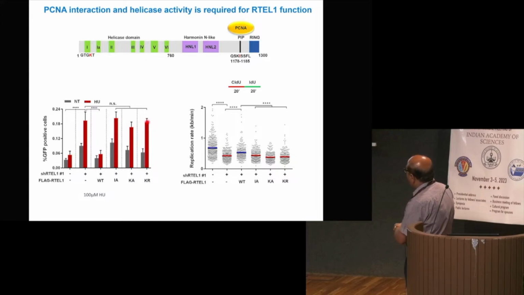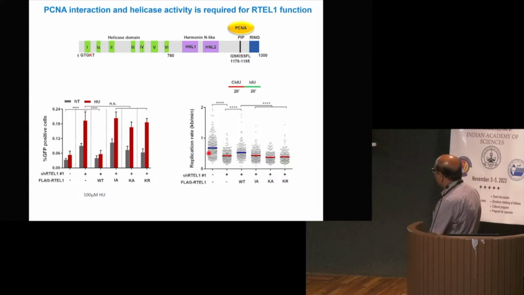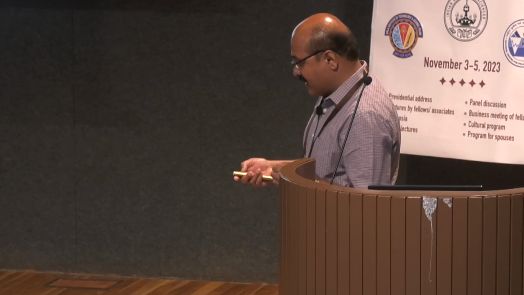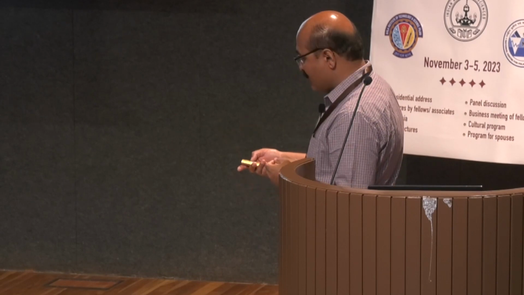Using these mutants, we looked at the replication defect upon depletion of RTEL1, which can be rescued upon expression of wild type RTEL1, but not this PCNA interacting motif mutant or the Walker motif mutants. That suggests that RTEL1 interaction with PCNA as well as its helicase activity is important in suppressing homologous recombination during DNA replication and taking care of genome duplication.